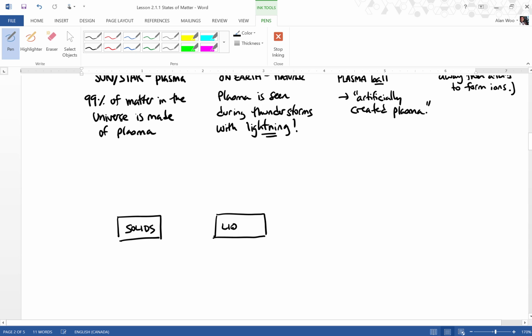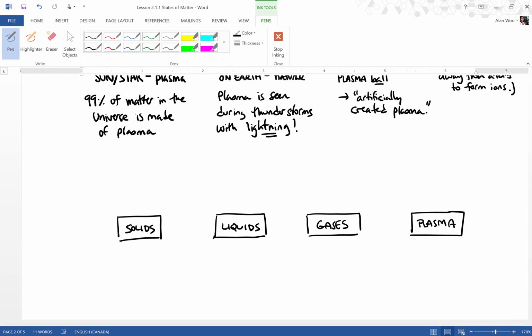You're going to have liquids, you're going to have gases, and you're going to have plasma. Okay. The plural of plasma is still plasma. So if we started with each one of these states, we should be able to go back and forth between the 4 different states.